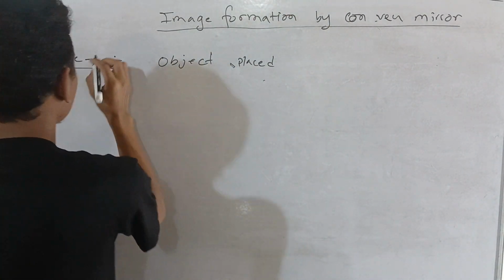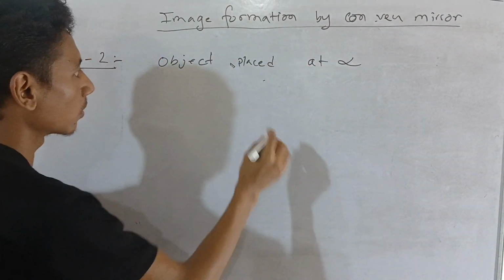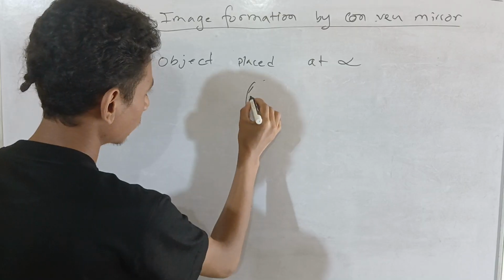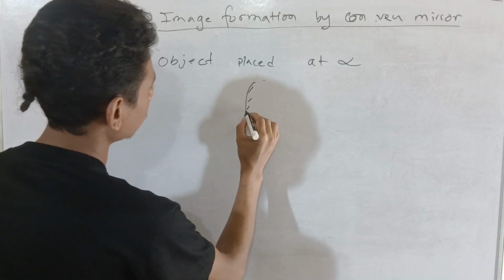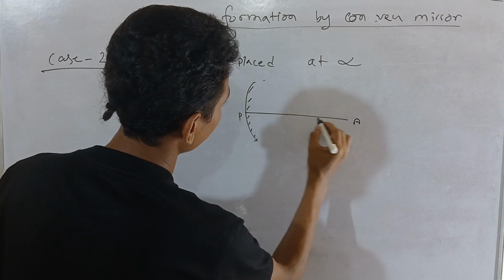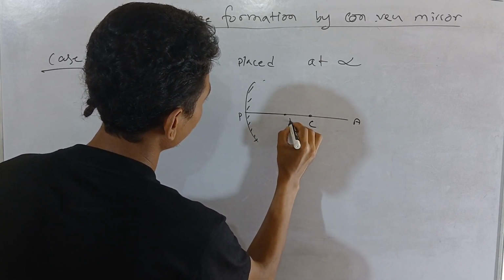Case number two: object placed at infinity. If we place the object at infinity, what does the image look like? This is our convex mirror, this is the pole, this is the principal axis, this is the center point, and this is our focus point.